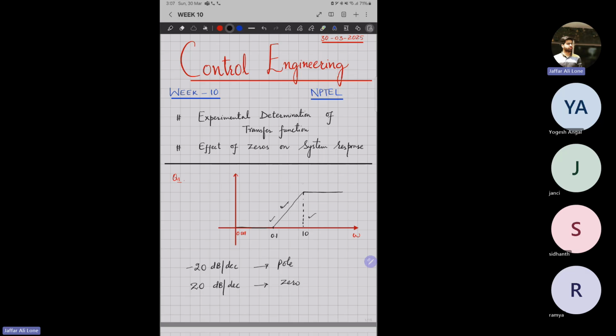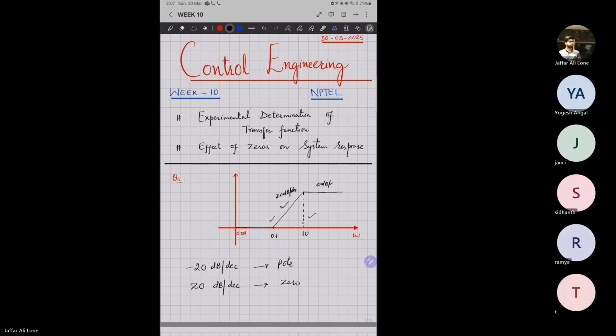So initially it's, let's assume, 20 dB per decade, and then after this, it becomes 0 dB per decade. So it means at this point 10, we have a pole, because this pole will give a slope contribution of minus 20 dB per decade. Therefore, then and only we can get 0 dB per decade, right?